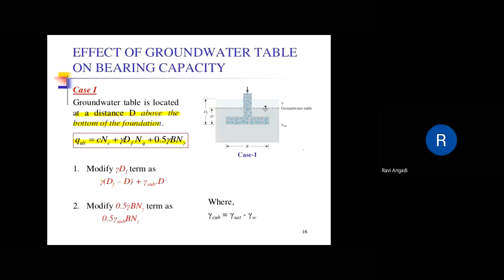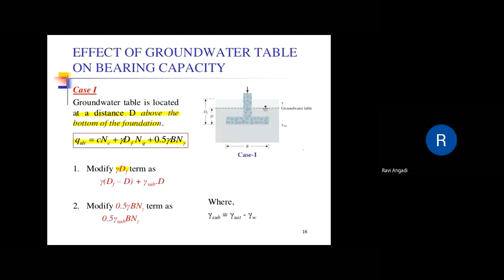So when the water table is lying above the base of the footing, then modify the term gamma Df as gamma into bracket Df minus D plus gamma submerged D, because the weight below the water table is taken as a submerged weight. It is to be modified.